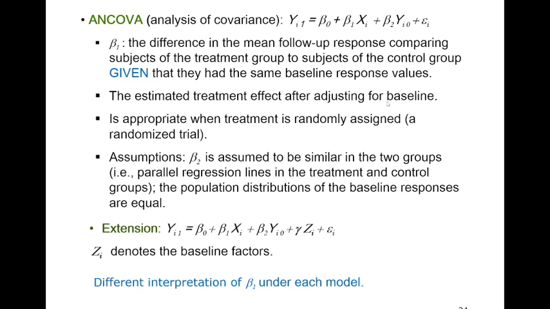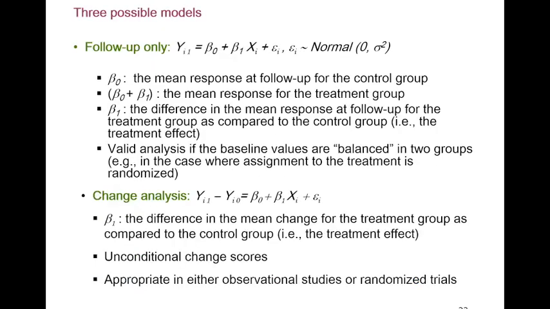So this actually is cross-sectional analysis. What is the difference across these three models? The three models differ in the way of treating the baseline. In the follow-up model, you totally ignore the baseline.